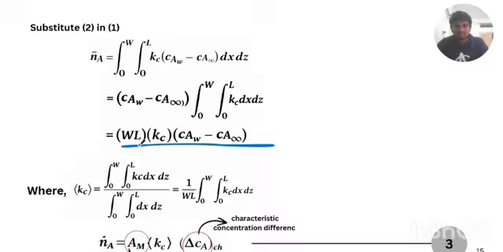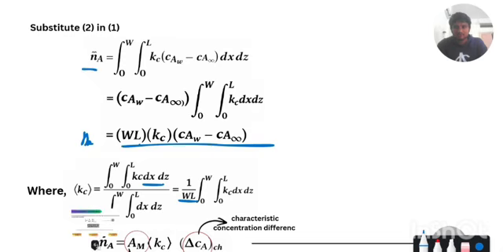This expression is the rate of mass transfer, where Kc is the average mass transfer coefficient. We calculate Kc by integrating Kc over the entire surface of the plate upon the area of the plate, which is WL. So the rate of mass transfer NA star becomes Am, the mass transfer area, times the average mass transfer coefficient, times the concentration difference delta C.